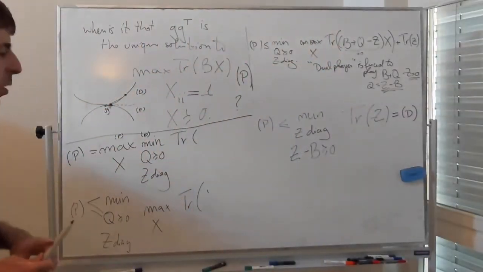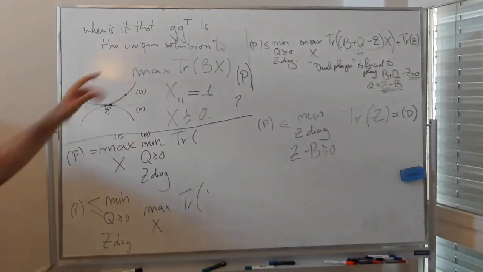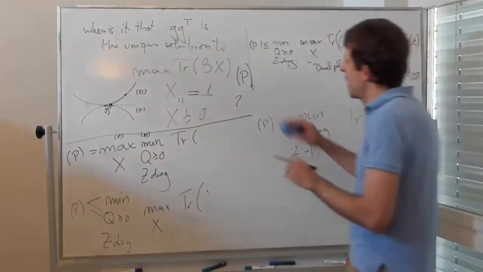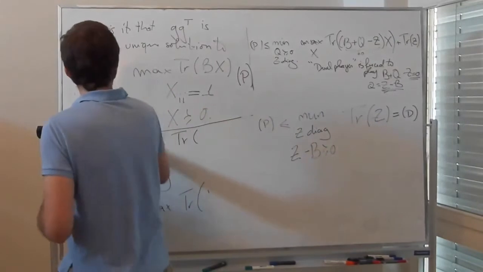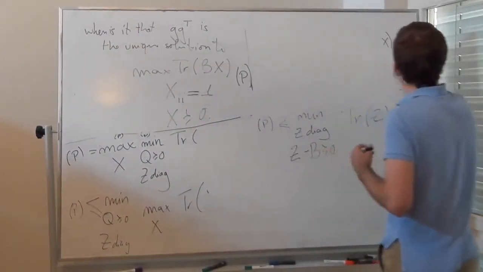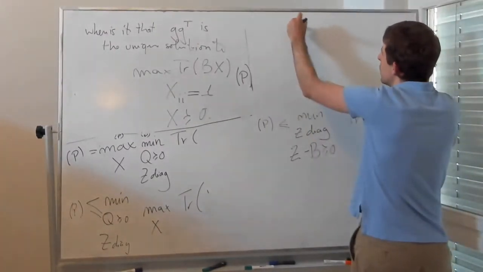So this now is the dual program, and what we proved is that the value of the dual program is always bigger than the value of the primal program. So now let's write that. We can call this the primal, take away this picture. So what is the dual?